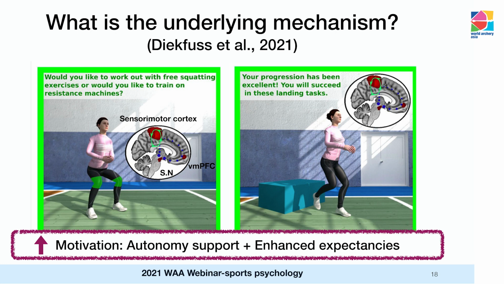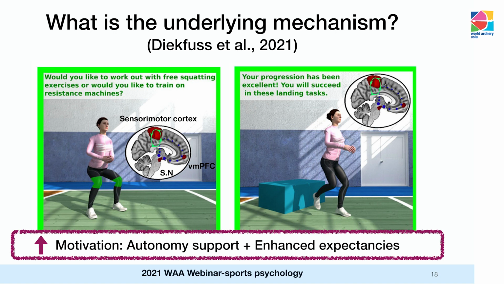So what is the underlying mechanism of the effect of motivation? Well, in the neuroscience aspect, this might be related to the increased release of dopamine. Okay, we can see from the figure, the dopamine is shown in a blue dot, and it's released from the substantia nigra, ventromedial prefrontal cortex to sensory motor cortex.